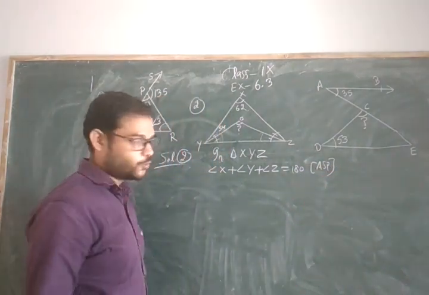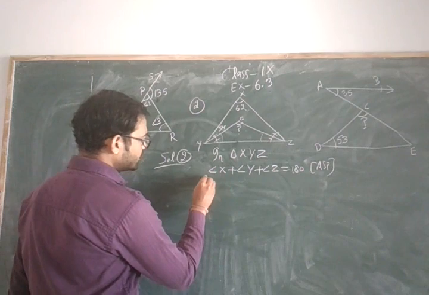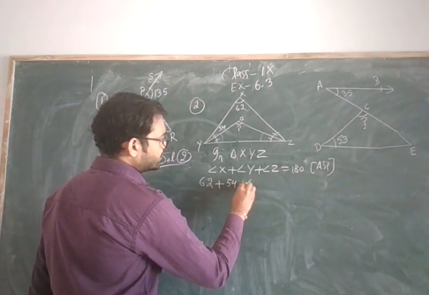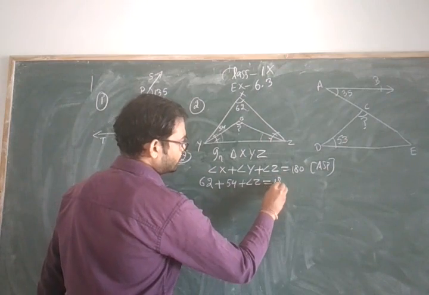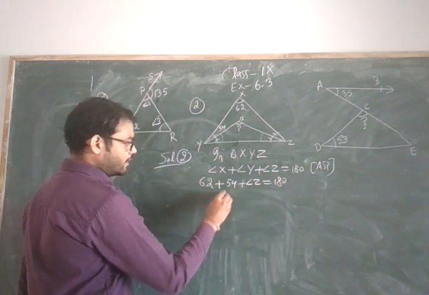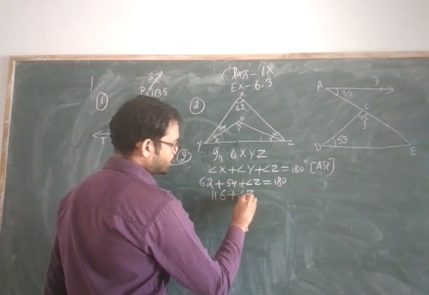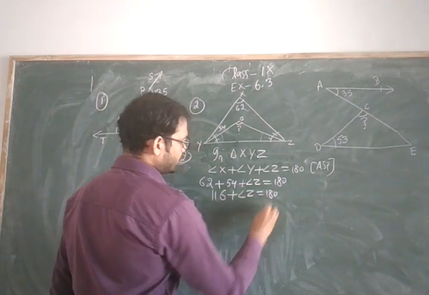As usual I told you. Now the value of angle X is 52, angle Y is 54, and angle Z is unknown. So I'll add 52 plus 54, that is 106, plus angle Z is equal to 180.